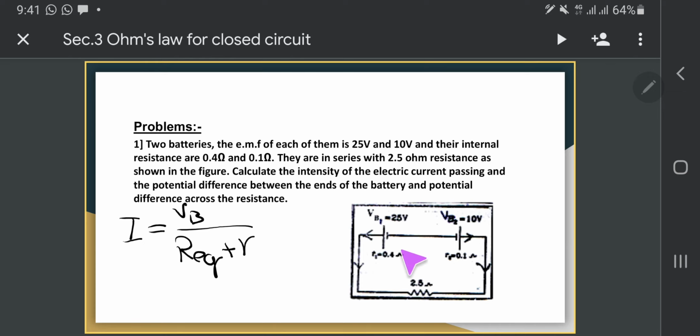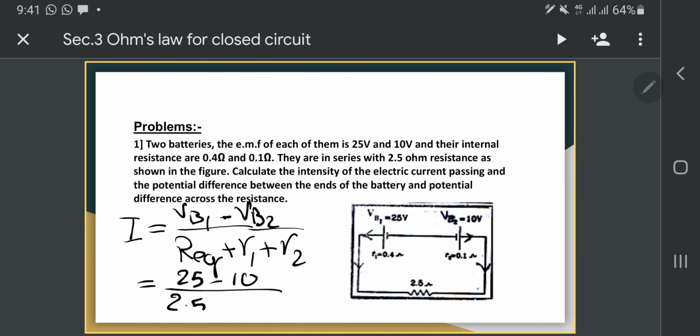But these two batteries, one large and one small, have polarity negative connected to negative. So I equals VB1 minus VB2 divided by R equivalent plus R1 plus R2, equals 25 minus 10 divided by R equivalent 2.5 plus 0.4 plus 0.1, R1 and R2.